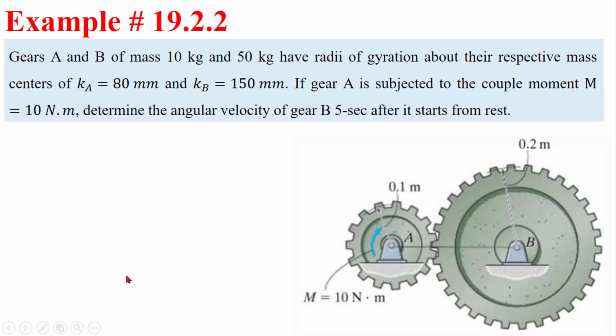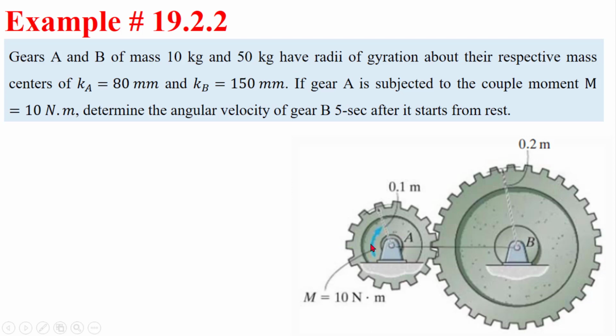Okay, let's see another example. Here in this example, we have gears A and B. So this is gear A and here is gear B, of mass 10 kilogram and 50 kilogram respectively.